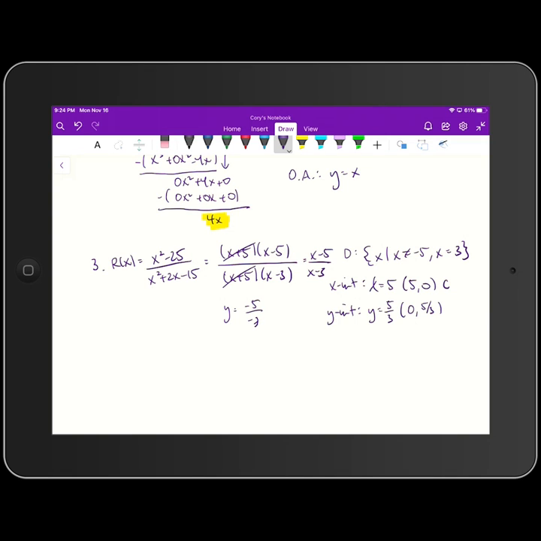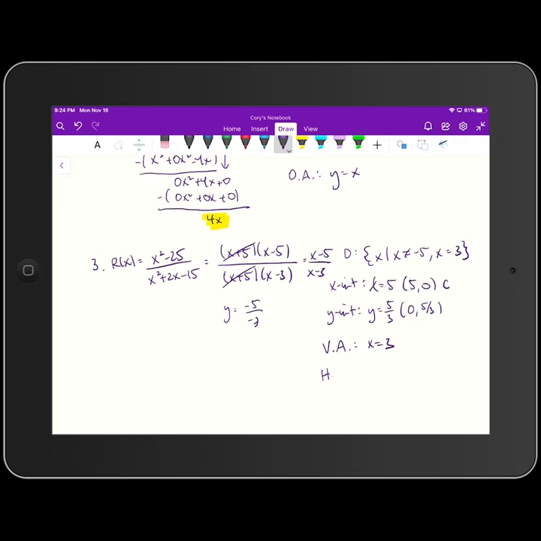Okay, vertical asymptotes. So the vertical asymptotes are going to be the zeros of the denominator in lowest terms. So in lowest terms, the only 0 our denominator has is when x is equal to 3. So that right there is going to be the vertical asymptote for that function.